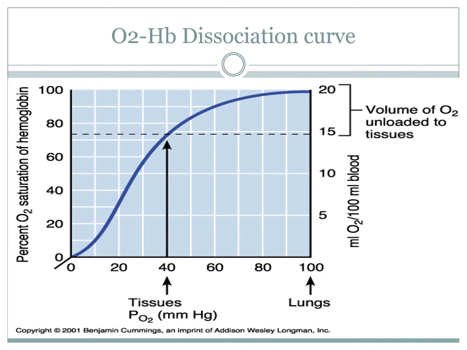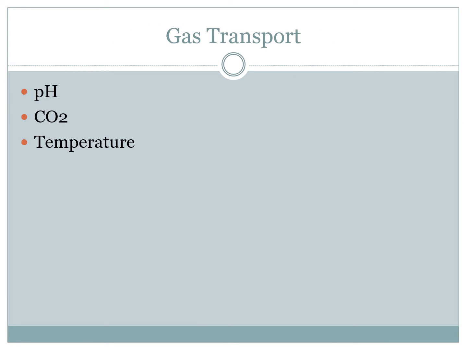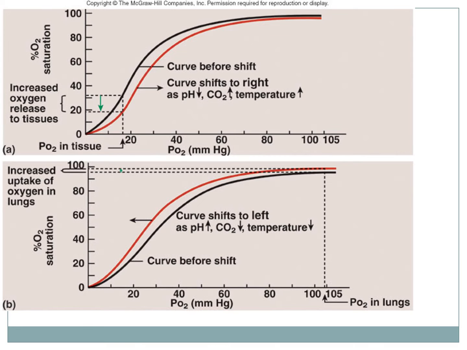Now, on top of that, the gas transfer, mostly of O2, plays a huge role in maintaining our pH, CO2 and temperature as well. So if you look at the curve, as our partial pressure begins to decrease, here in A we're looking at a partial pressure of oxygen of less than 20, which gives us an oxygen saturation of around 30.